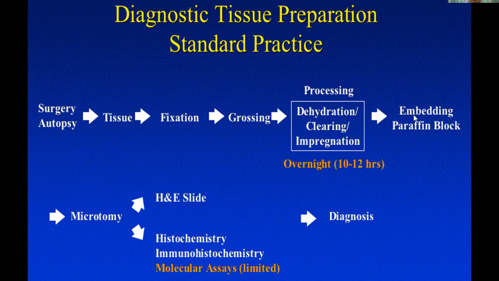Here we use paraffin to make the tissue bigger and harder, so that when we cut the tissue it is easier. So in the fourth day, what we do is embedding paraffin block. We put paraffin in the tissue sections, and then we can cut the tissue, and after that we can stain the slide. The first stain we do is H&E stain, and last we can make a diagnosis.